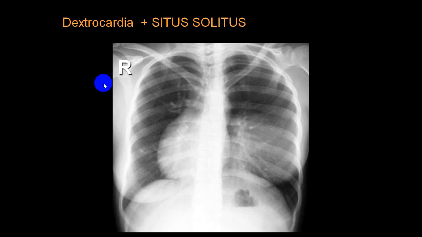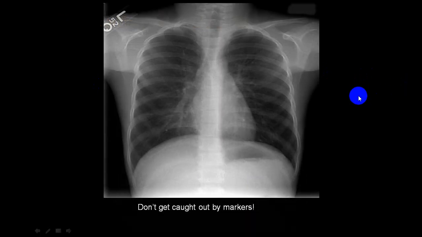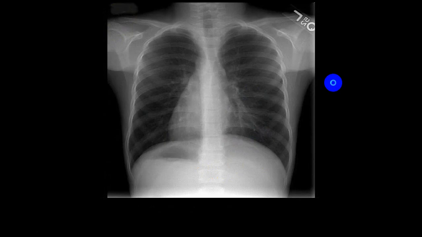So if I put this as right and this as left, then this is dextrocardia and this is situs solitus. But instead of that, if I put it like this, left is marked here, and I put the X-ray plate in a reverse pattern, then this is the right side, so dextrocardia is there, and you can see the gastric bubble is on the right side. So this is dextrocardia with situs inversus.